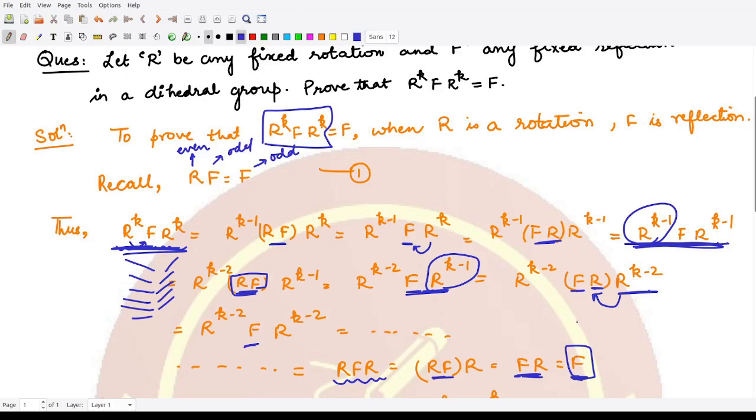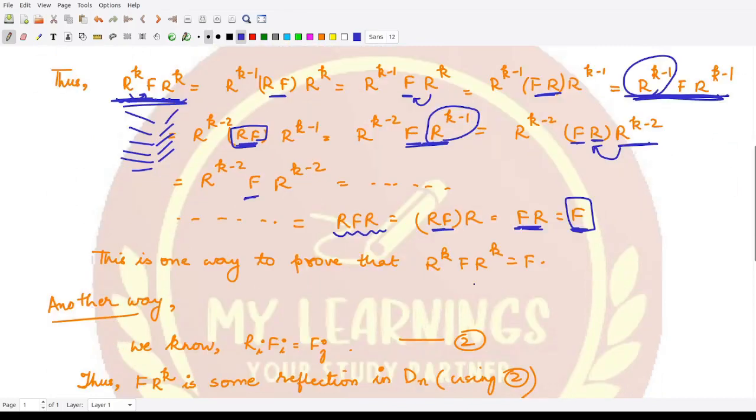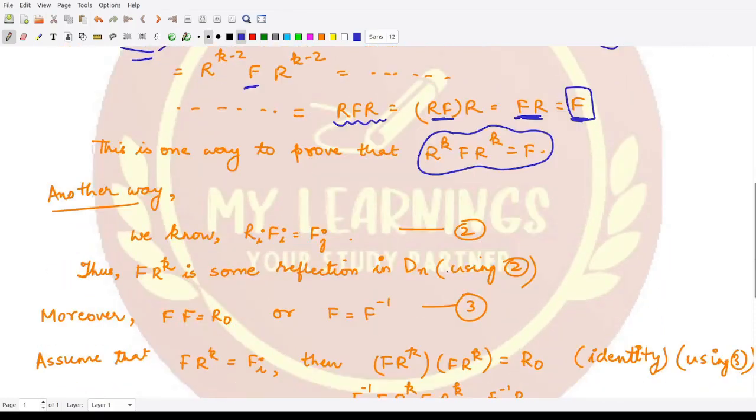However, we are studying abstract algebra, so we need to provide abstract proofs, correct? So in order to have an abstract proof, let's see how we can reach this result that R raised to power k, F, R raised to power k is equal to F. We already know that any rotation composed with any reflection is a reflection, right?